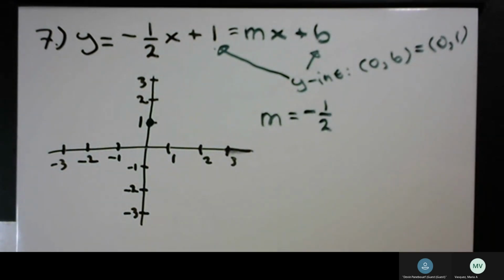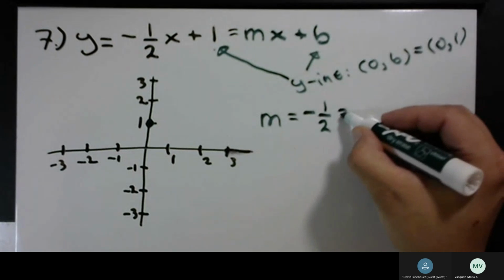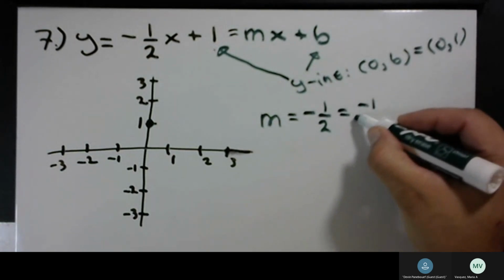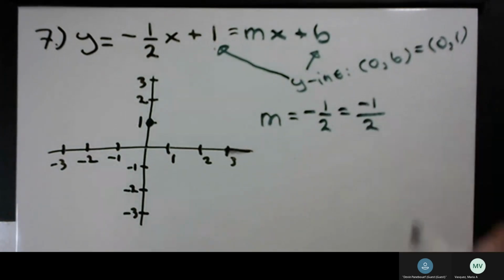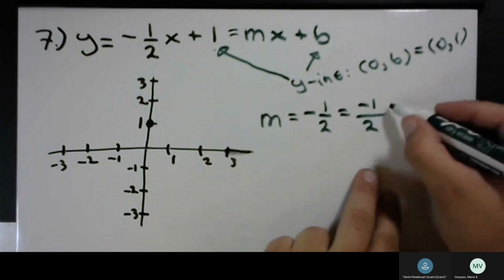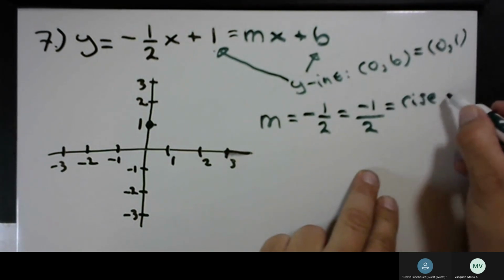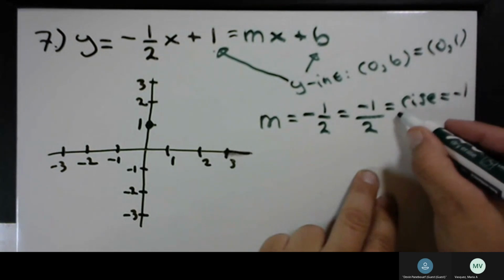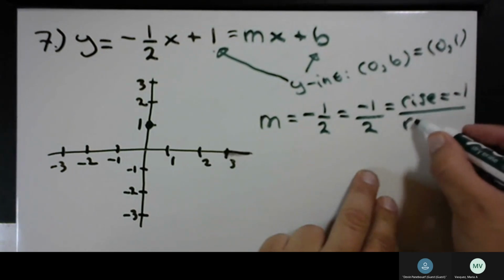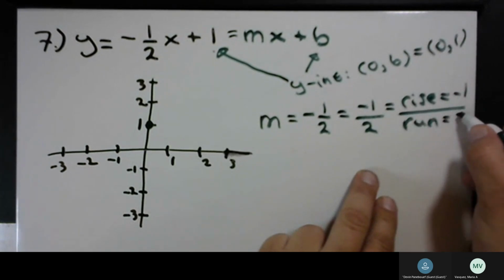Now the slope's -1/2. So we can put the negative on the top number. And that's what we usually do. So we have a rise of -1 over a run of 2.